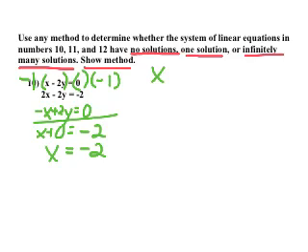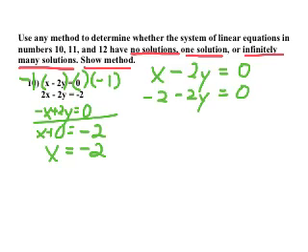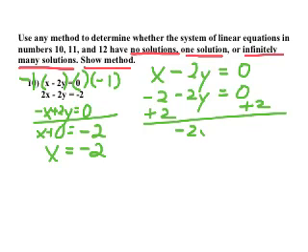If you can tell or not, it's x minus 2y equals 0. So if I put in a -2 here, -2 minus 2y equals 0. Add 2 to both sides. Get a negative 2y equaling 2.